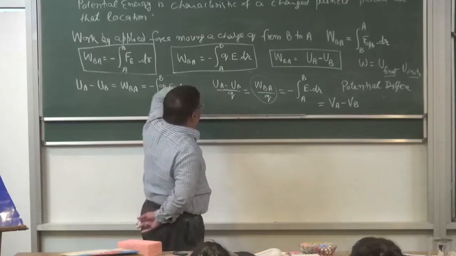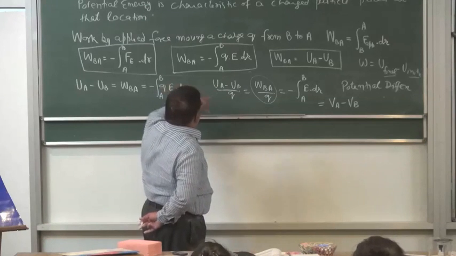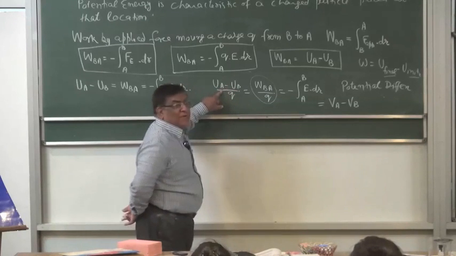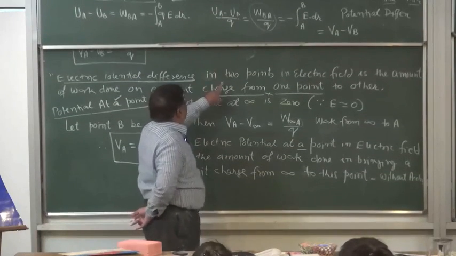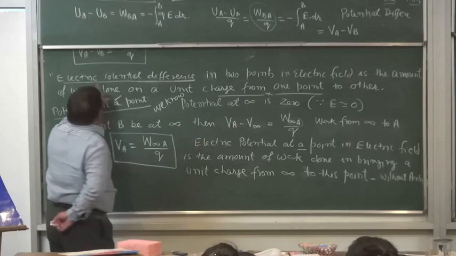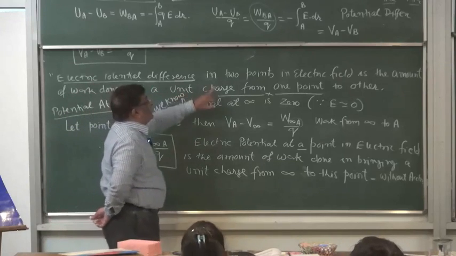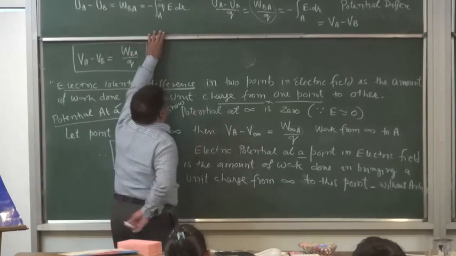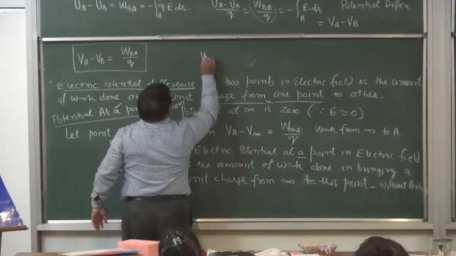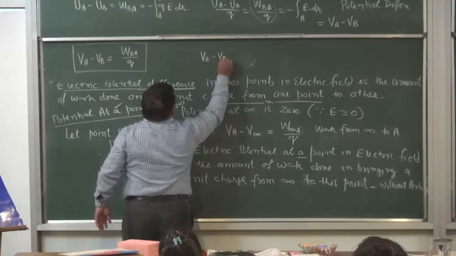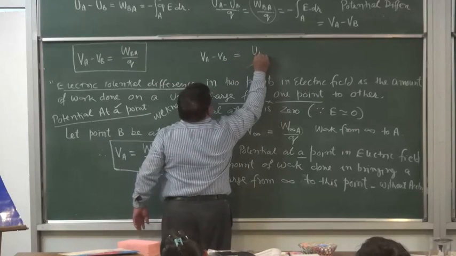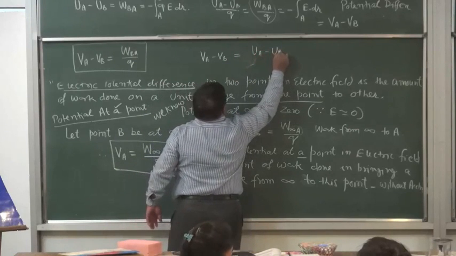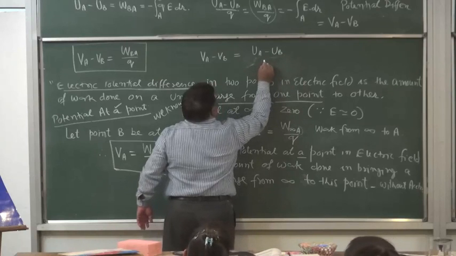So work done is the difference of energy, according to the definition of potential difference. Electric potential difference between 2 points, VA minus VB, is UA minus UB per unit charge.